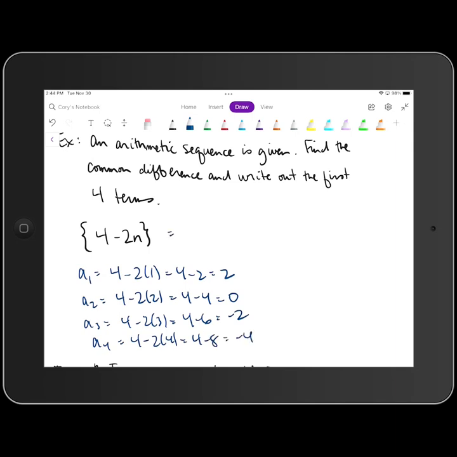So the first four terms of this are 2, 0, negative 2, and negative 4. And then that sequence is going to continue. And then the common difference, to go from one term to the next, what do we add? We add negative 2. So our common difference d is negative 2.